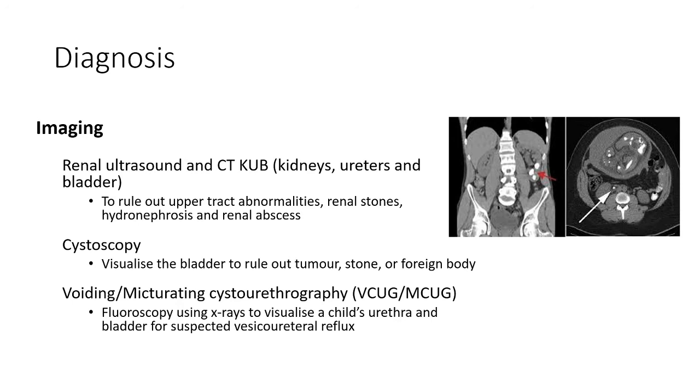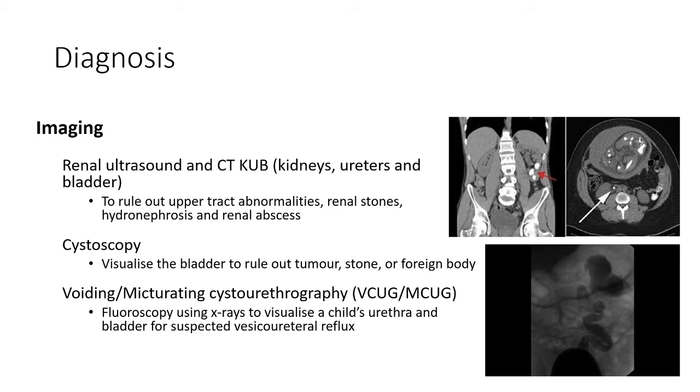In this technique, X-rays are used to visualize the child's urethra and bladder and to investigate for vesicoureteral reflux. Looking at the pictures, the top one is a CT scan showing kidney stone, and the bottom picture is an X-ray showing vesicoureteral reflux.